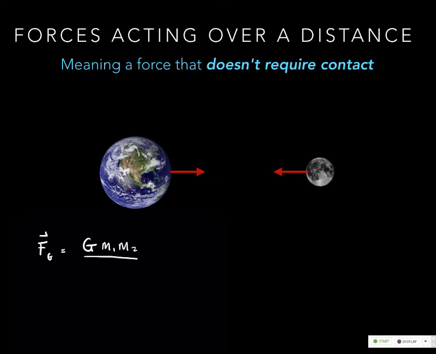So here's the Earth, and this is R. It goes from center to center, right? So this is M1, M2, and you can switch this, right? They'll just change the sign, but R hat is the unit vector that points along R. Okay, so this is a force acting over a distance. This is Newton's law of gravitation.